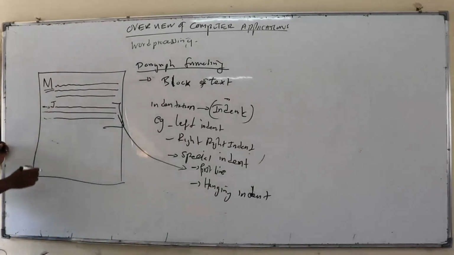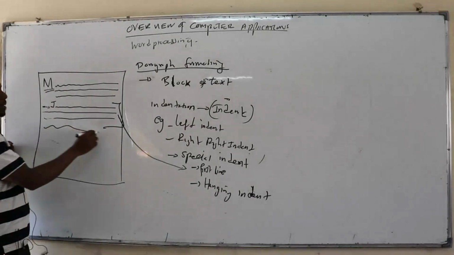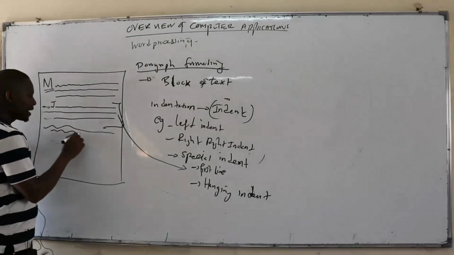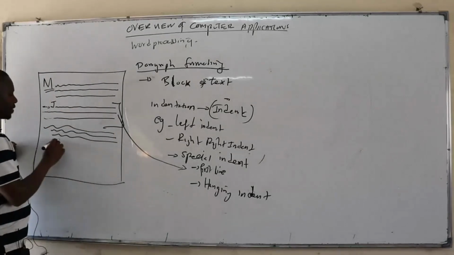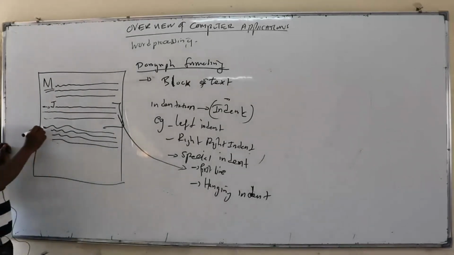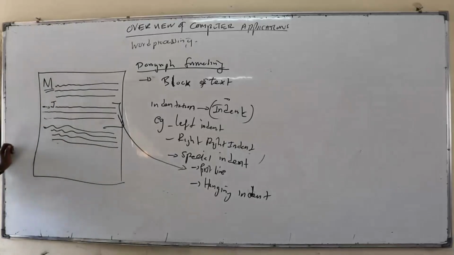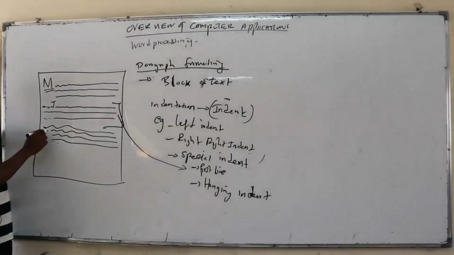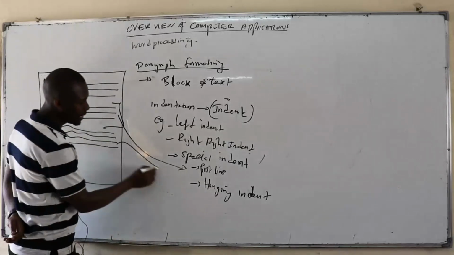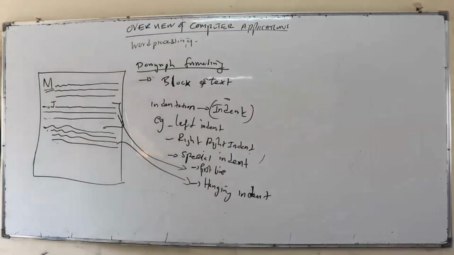But the hanging indent is whereby you have your paragraphs, but the next word starts from inside. It is only the first line that has gone up to the margin. All the others are out of the margin. So this is the hanging indent. We call it the hanging indent. We will look at those two types of indent, the hanging and the first line indent.